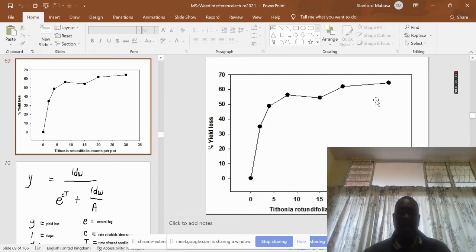Again, this is the data with the Tithonia rotundifolia density and the percentage yield loss in maize. You get an approximately hyperbolic curve. By the way, we can use SigmaPlot to draw these graphs and possibly to work out these equations.